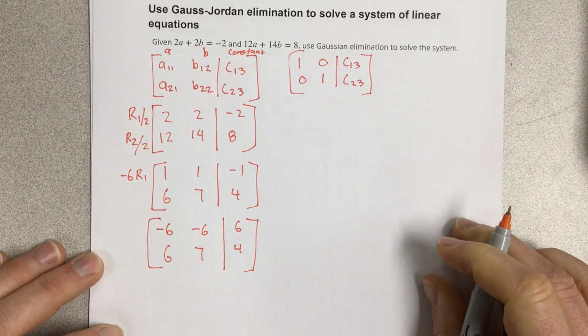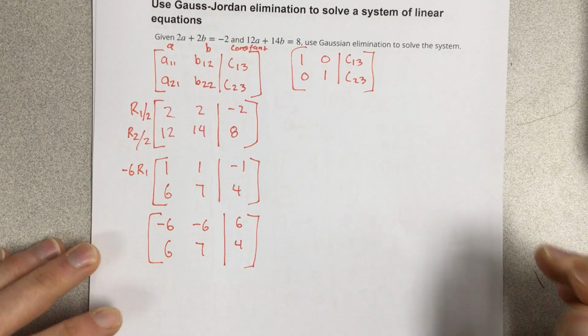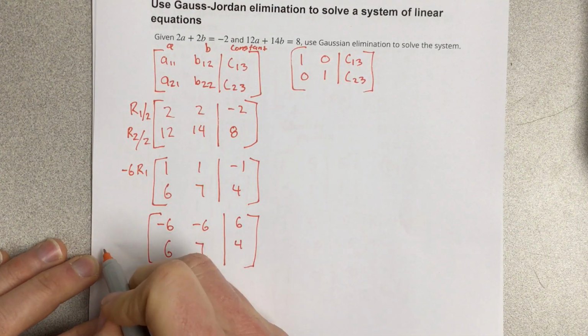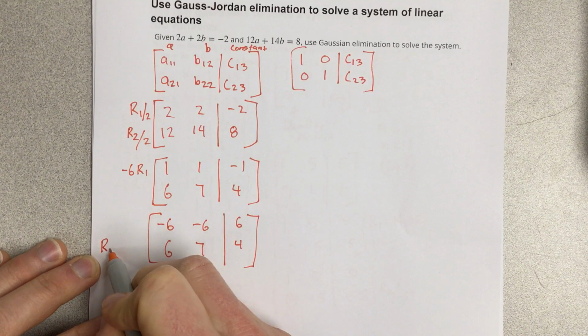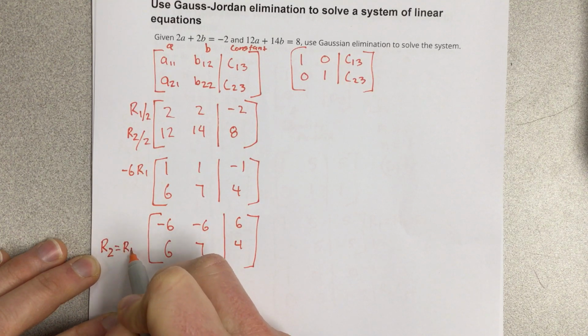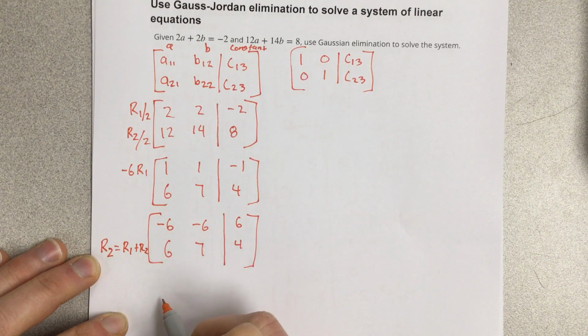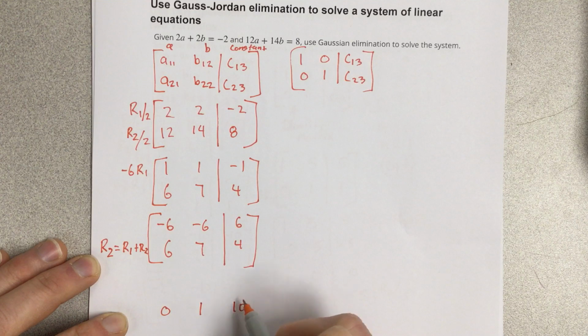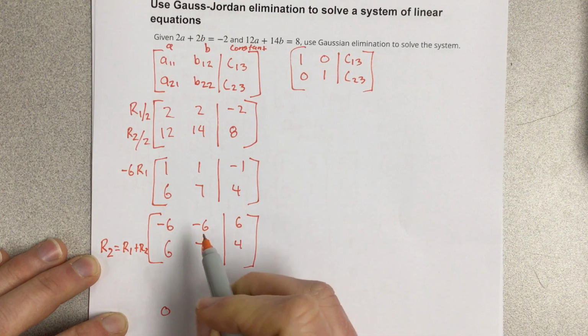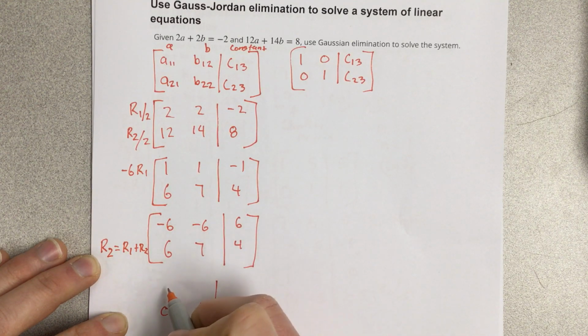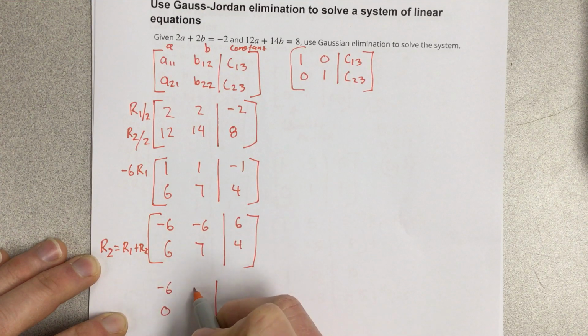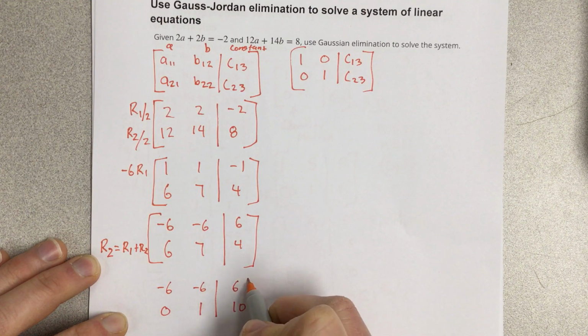And then I'm going to add the top row. So row 2 is going to equal row 1 plus row 2. I'm going to add the top row to the second row, and that's going to give us 0, 1, 10. And then I'll still have -6, -6, and 6 on top.